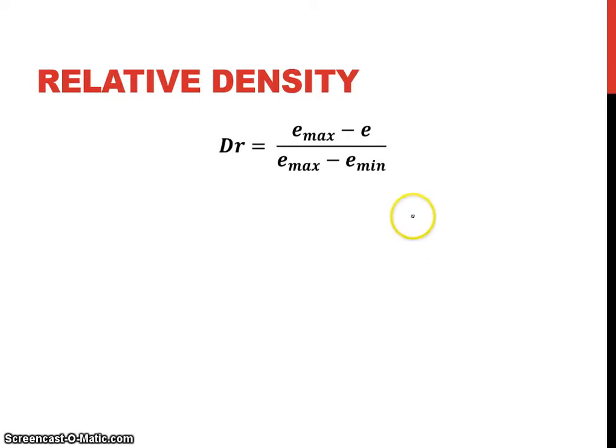It is actually a very simple one, and you will come across this equation again in the soil compaction chapter. It is a simple calculation to define the density relatively when we do compaction: e max minus e, over e max minus e minimum.